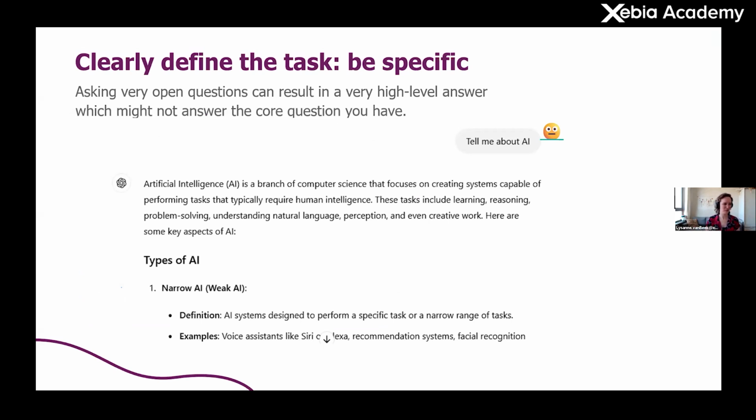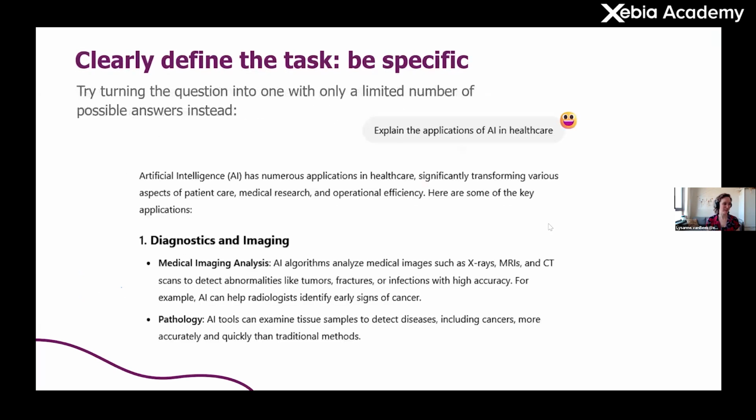And maybe this is too generic. Maybe I'm actually more interested in the applications of AI in healthcare. Okay, zooming into something that's a bit more relevant for what I want. So by clearly defining the task, you're getting things more clear for yourself, but also for the output.